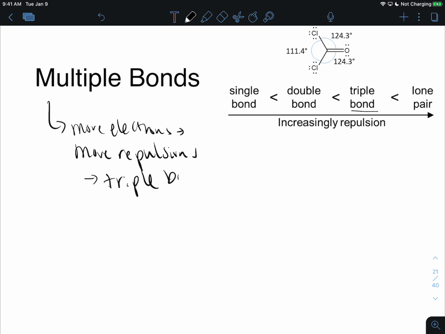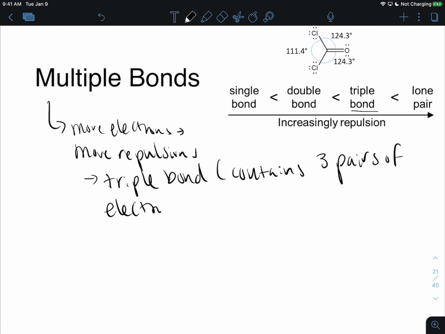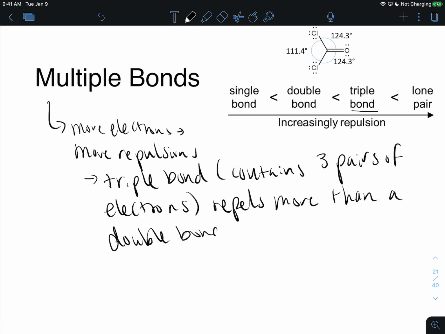So a triple bond, which contains 3 pairs of electrons, repels more than a double bond, which repels more than a single bond.